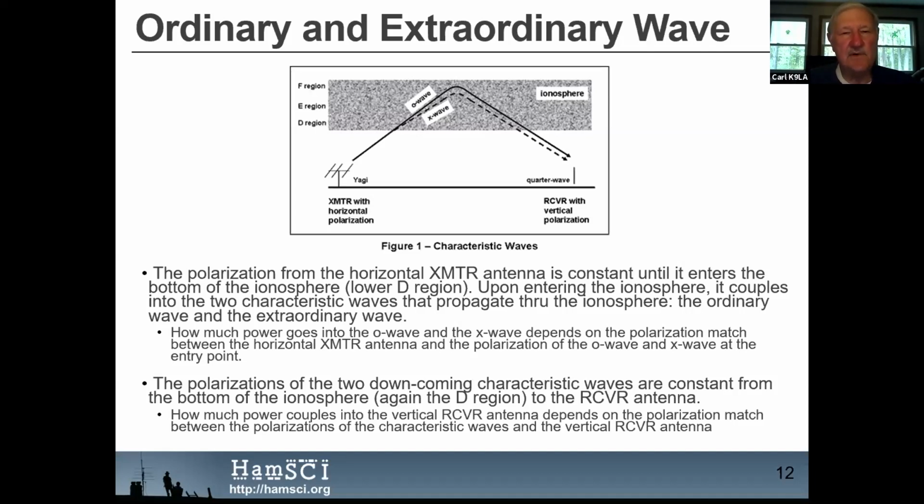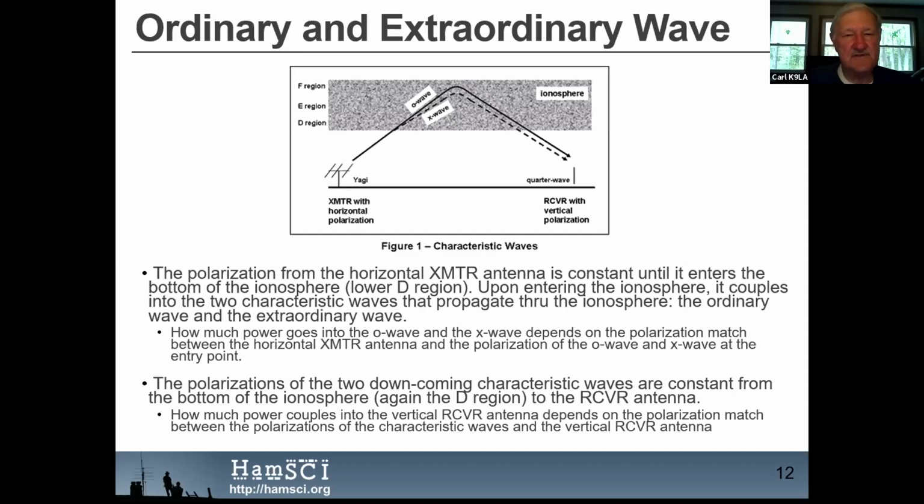It doesn't matter what happens to polarization as the wave goes through the ionosphere. The only thing that really matters is the polarization at the entry point for both the O wave and the X wave, and the polarization when it exits the ionosphere.